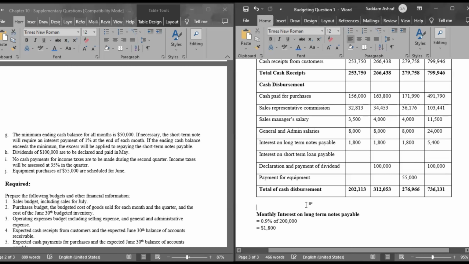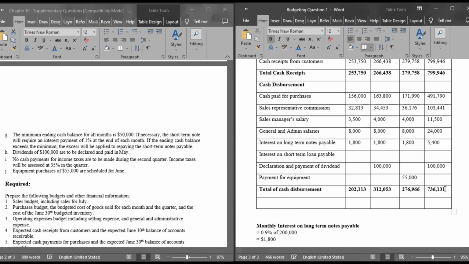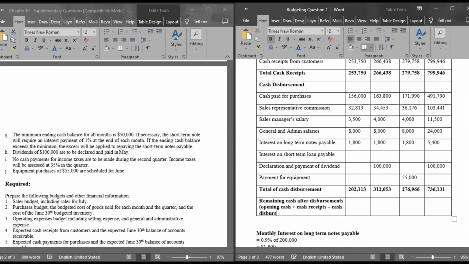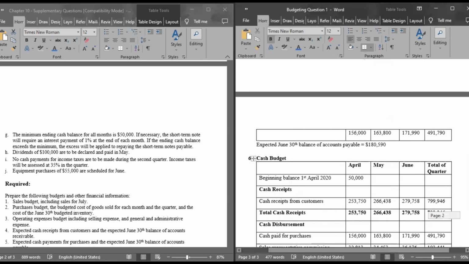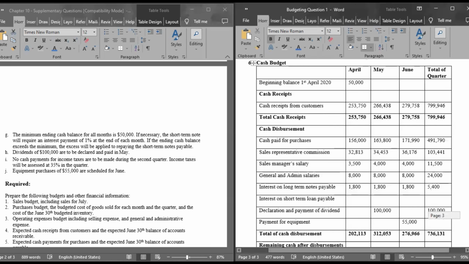Now, next, we need to calculate the remaining cash after disbursement. For this, the formula will be opening cash plus cash receipts minus cash disbursements. In the first column for the month of April, we have a beginning cash balance of 50,000.